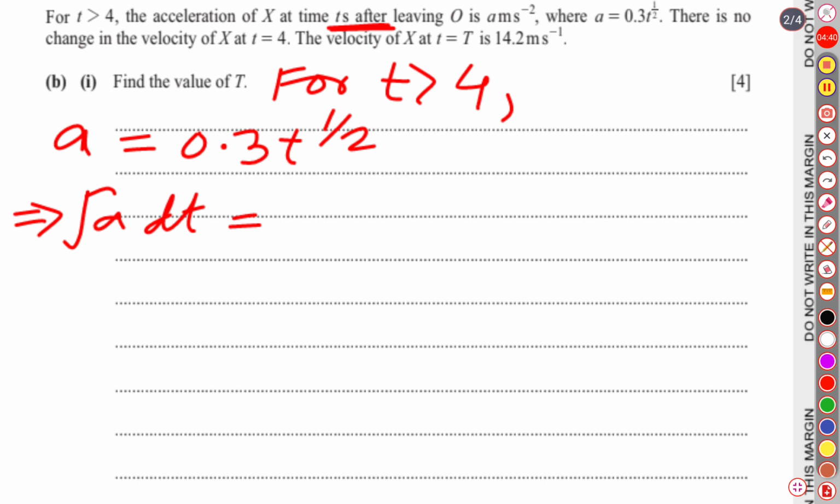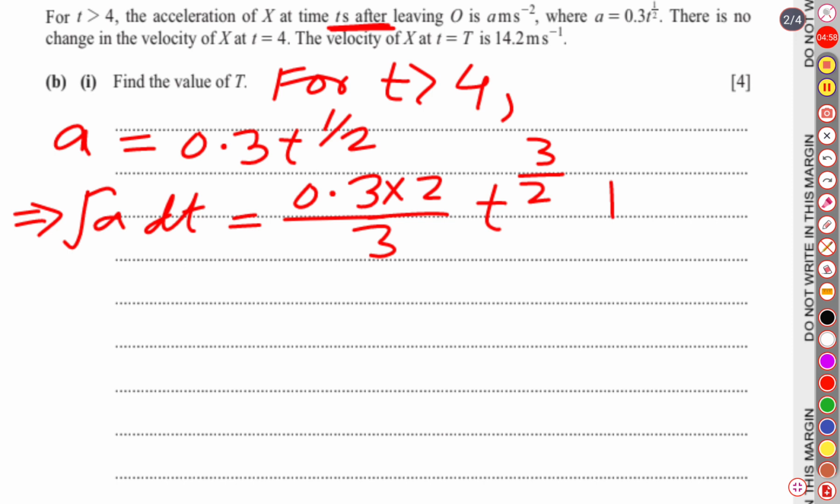If we add 1 to half, it is going to be 3 over 2, so it is 0.3 into 2 over 3, and the power is 3 over 2.